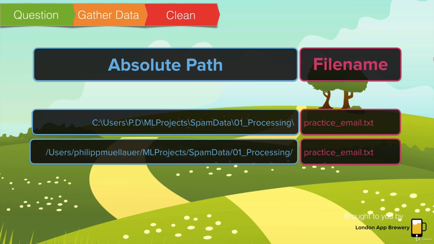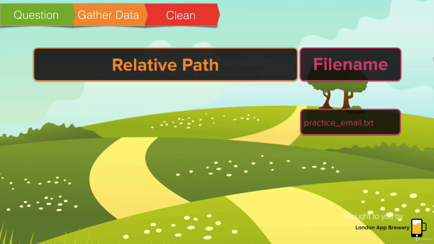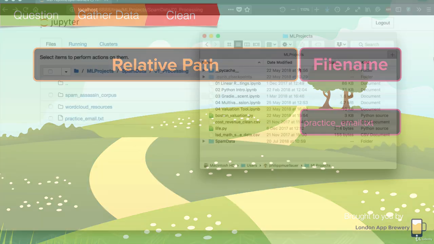But while the absolute path is the long form, there's also a shorthand. You see, you don't always have to work with an absolute path. Instead, you can work with what's called a relative path. A relative path uses your current location as the starting location and then points to a file or folder from there.